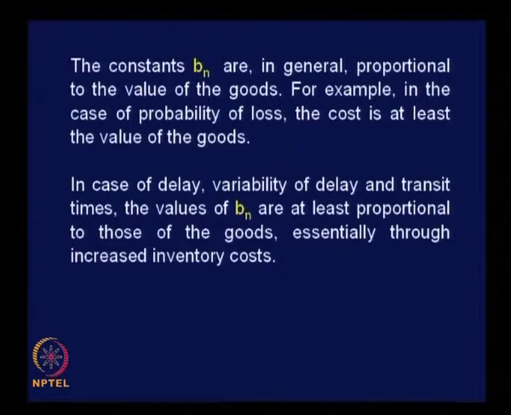What do you understand by inventory cost in this context? Delay, variability of delay, transit times, all these things will influence the need for storage at your plant site. If the transit time is more, if the delay is more, you may have to procure sufficient quantity of the commodity in advance until you get your next supply, okay, to account for all these variations.